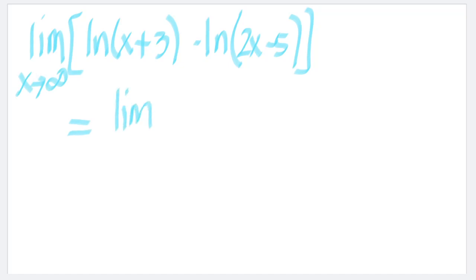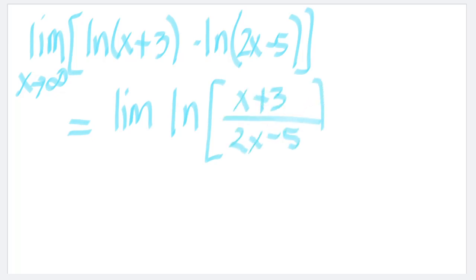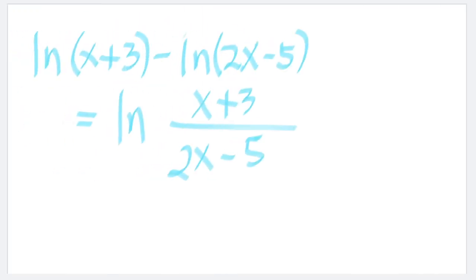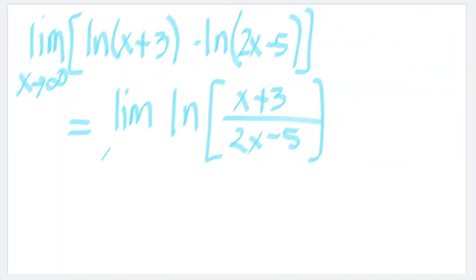Limit of ln of x plus 3 over 2x minus 5 as x approaches infinity. So we will take note of the law of jungle. We will divide both numerator and denominator by the highest term, which is x.